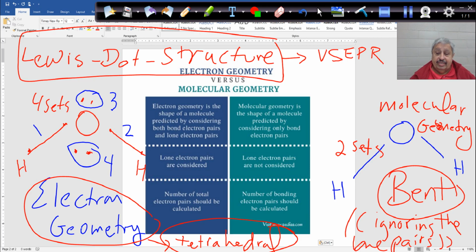While for molecular geometry, you consider the single bond, double bond, triple bond, ignoring the lone pairs, so the molecule will be like this. This is bent, correct? So that's the difference between molecular and electron geometry. Molecular geometry does not include the lone pair repulsion.